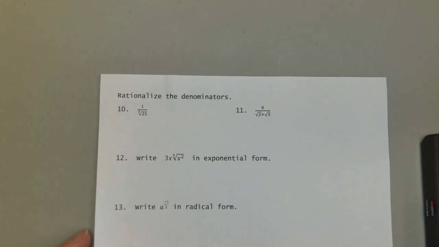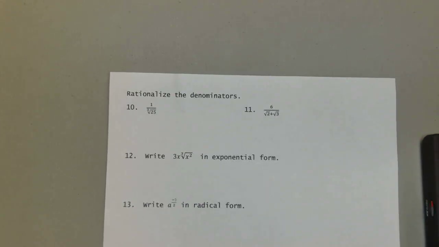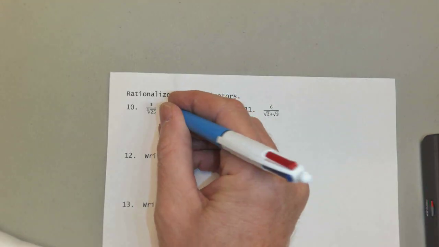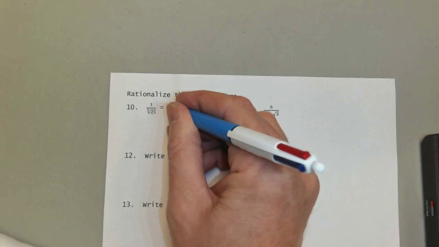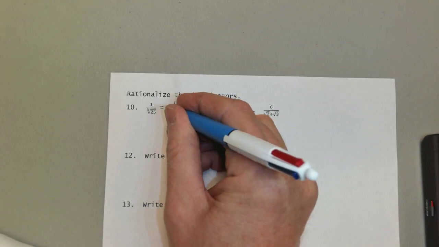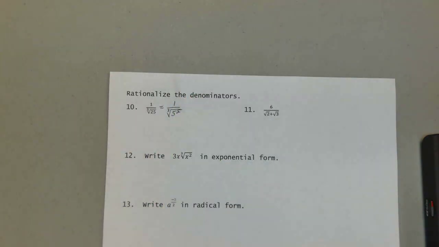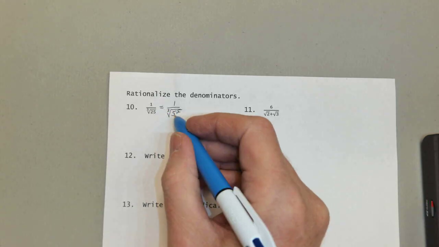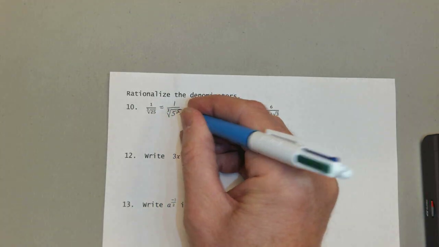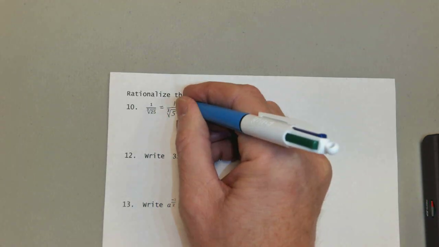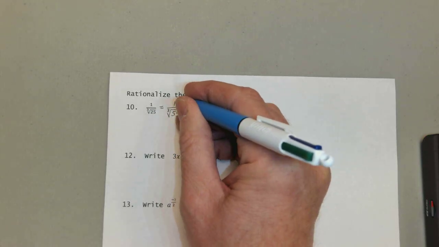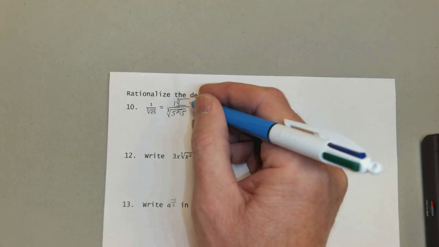Number 10. We're going to rationalize the denominator. And I'm going to write this as 1 over the cube root of 5 squared. 25 is 5 squared. And I need a third power in order for that to happen. So I'm going to multiply this by a 5. And I just multiplied the bottom by the cube root of 5.